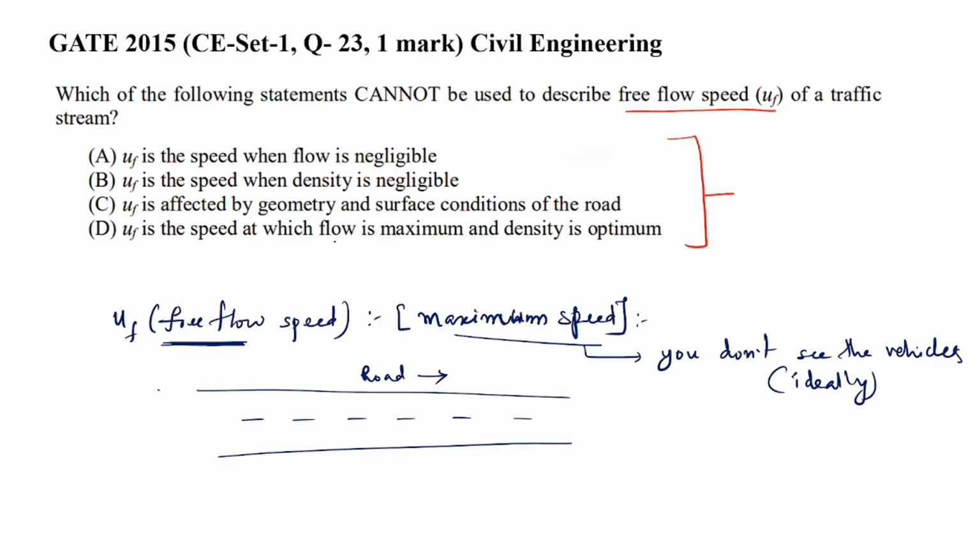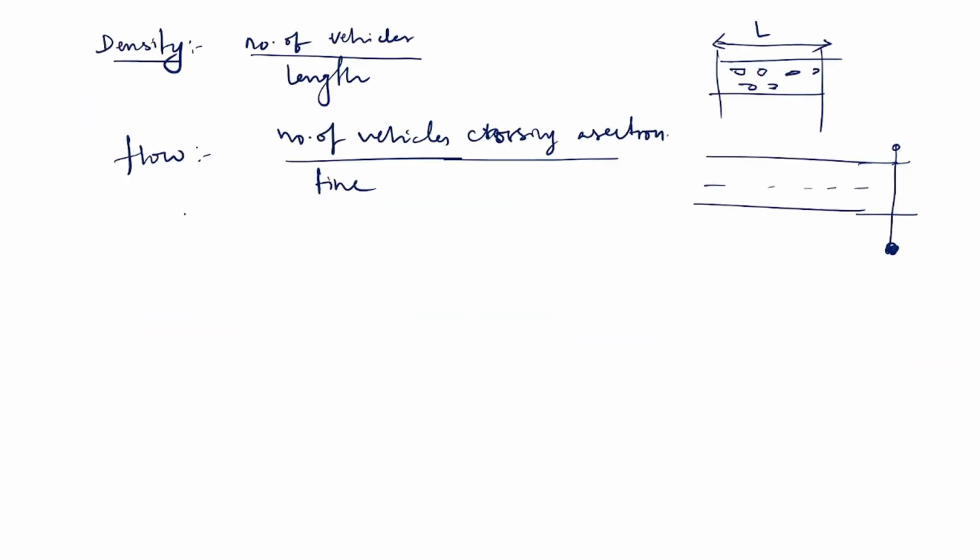Now going back to free flow speed. When we are going with the UF, that means ideally no vehicles on the road.